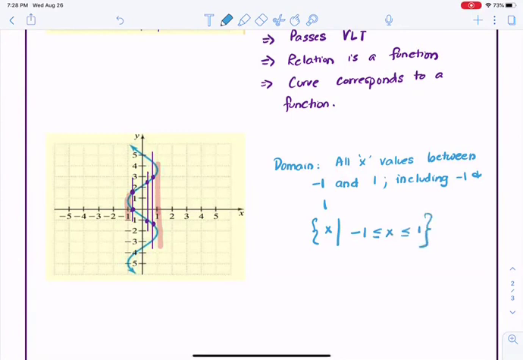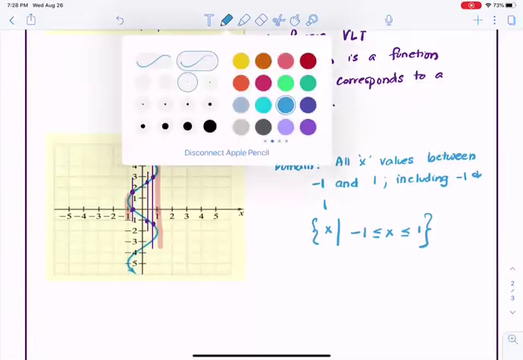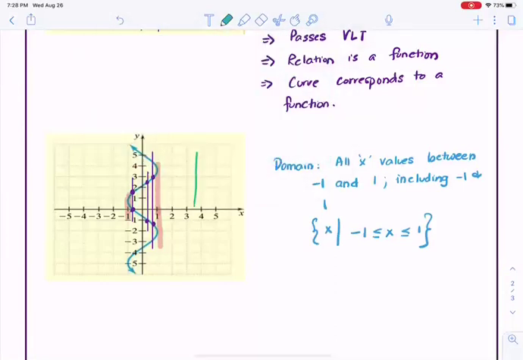Now, the range would be the set of all y values for which the function is defined. So the function keeps on going in the positive side. It keeps on going, it's wiggling, and it keeps on going upward. And likewise, it keeps on going downward.